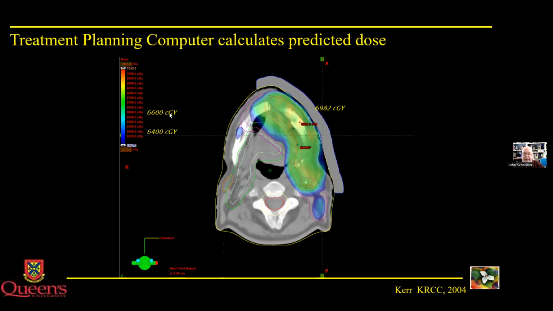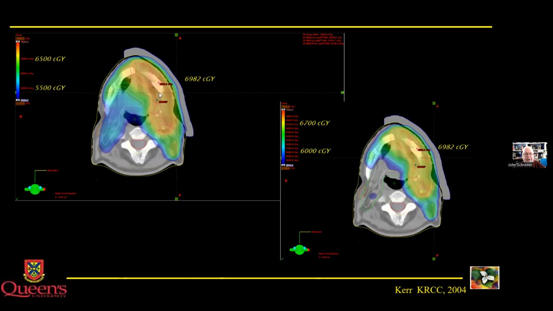And again, you can see this would be over the full course of the treatment. One would be giving about 66 gray over that treatment. So very, very high dose in this head and neck cancer. And here are other views from other slices in that patient.